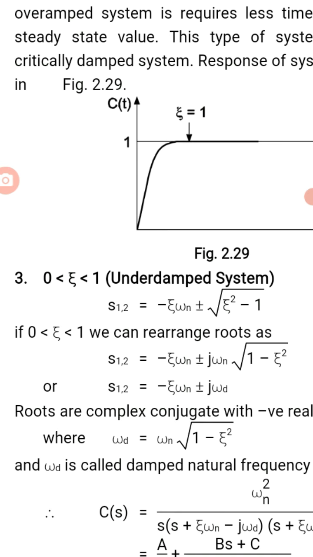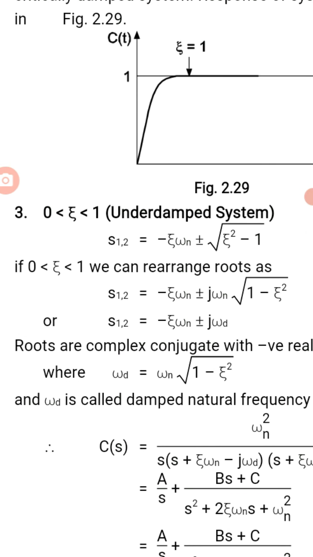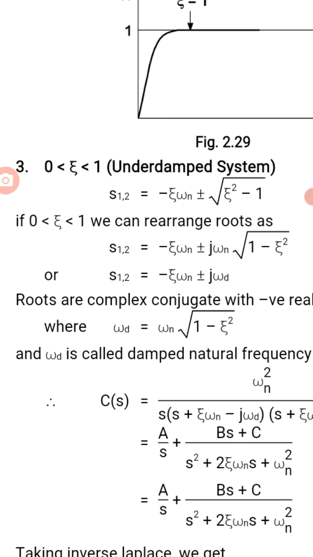Here zeta square minus 1 becomes negative because zeta is less than 1, that's why the roots become complex. So S1,2 is equal to minus zeta omega n plus or minus j omega d, where omega n square root of 1 minus zeta square is equal to omega d.